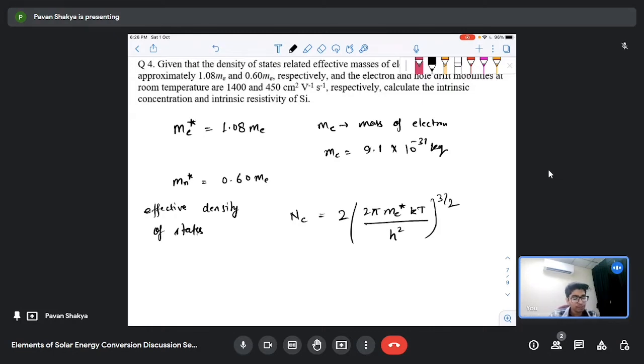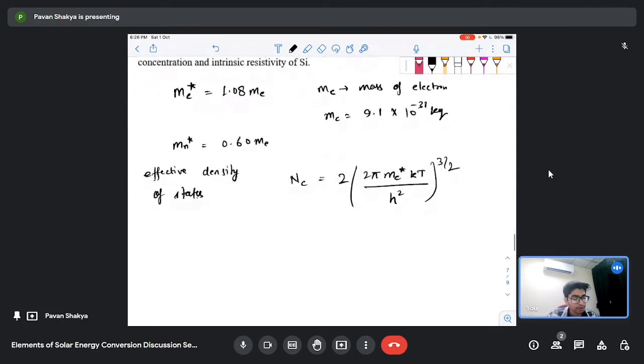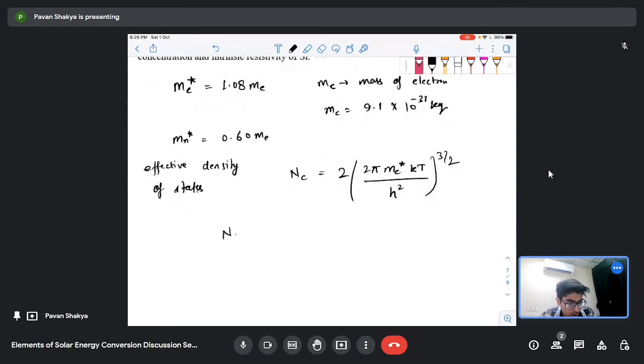So in this formula we have all the values and we can put them in. So Nc will be equal to 2 multiplied by (2 pi into me star, that is given as 1.08 me. So it will be 1.08, and the me value is 9.1 × 10^-31. Next, it is multiplied by k, so it will be 1.38 × 10^-23 multiplied by the temperature, that is 300 Kelvin.